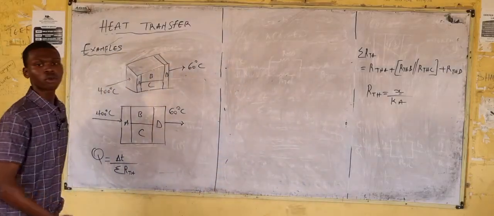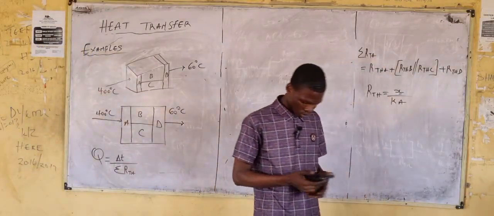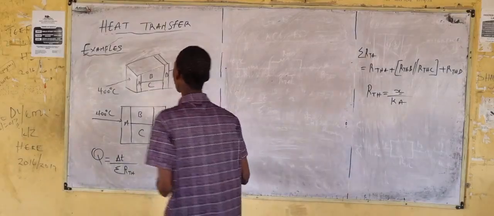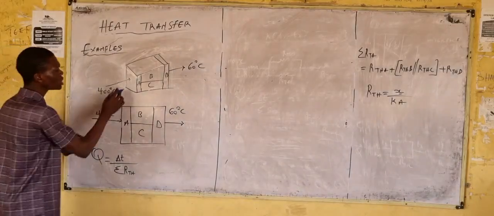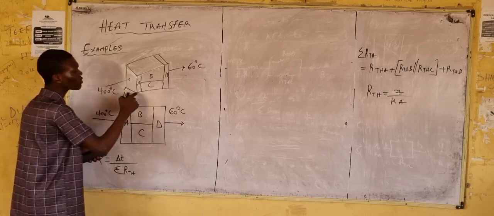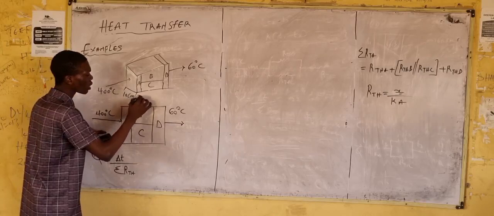What does the question ask us to calculate again? The total heat flow rate. For this composite wall, we are given this length to be 10 centimeter. We are given the thickness of wall A to be 3 centimeter.